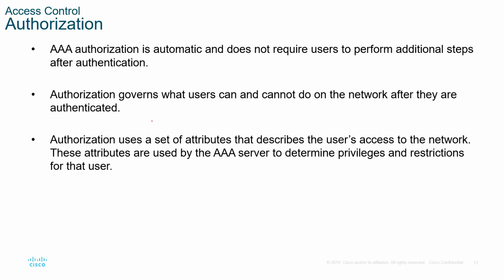So authorization doesn't have much to it. It's basically what you are allowed to do on the network. If you try to connect to the AAA server and you are not allowed to do whatever you wanted to do, you get a message: not allowed. So it's either a pass or fail kind of a thing.